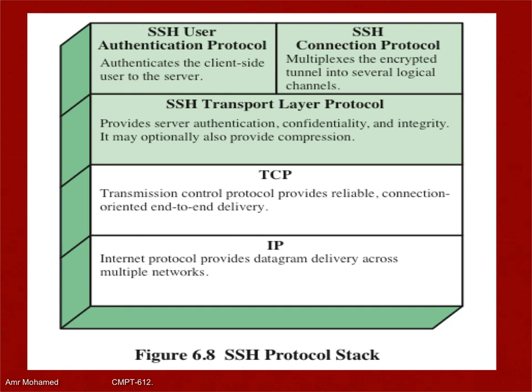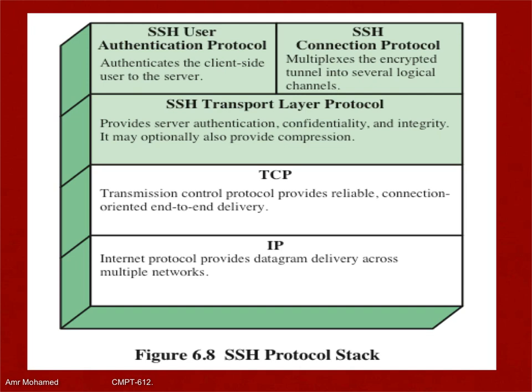For SSH, user authentication is a separate service at the session level, unlike TLS, because for TLS, both the client and the server authenticate to each other at the handshake level. But here, the server authentication happens in the transport layer protocol, and we'll talk about this.